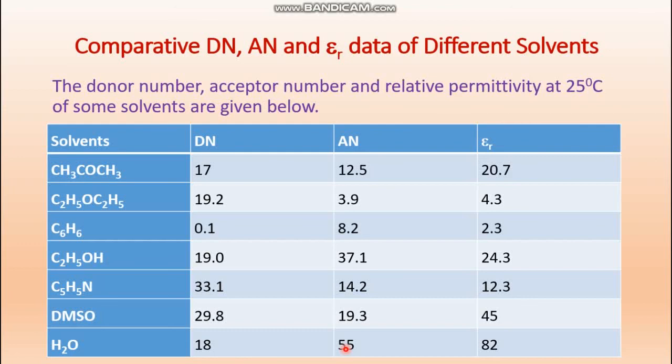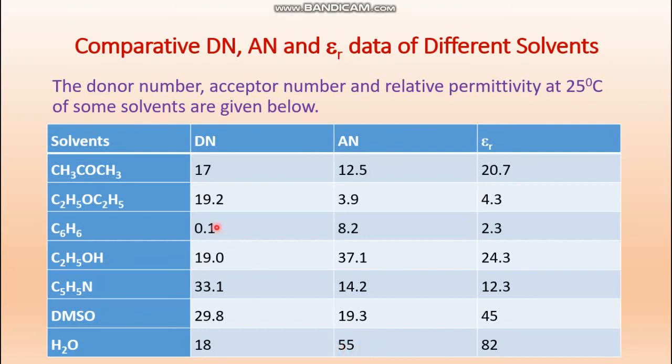That means it has a delta H value of 55 kilocalorie per mole, whereas in case of base, when it is reacting with antimony pentachloride, it is releasing 18 kilocalorie per mole of energy. When it is reacting with Et3PO, then it is releasing 55 kilocalorie of energy.